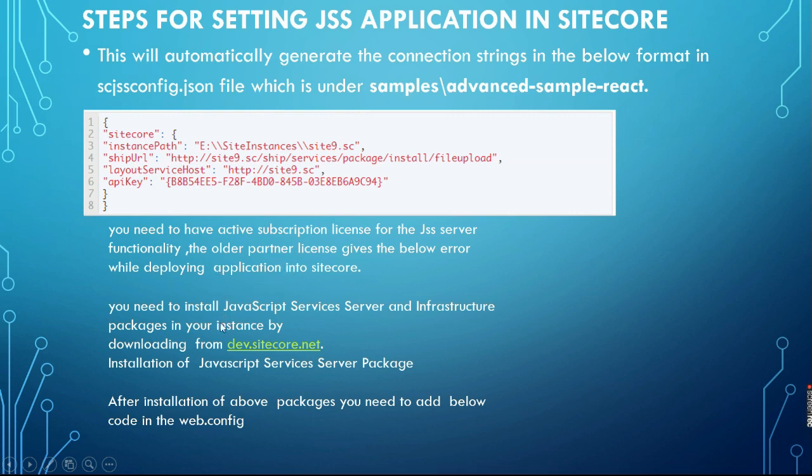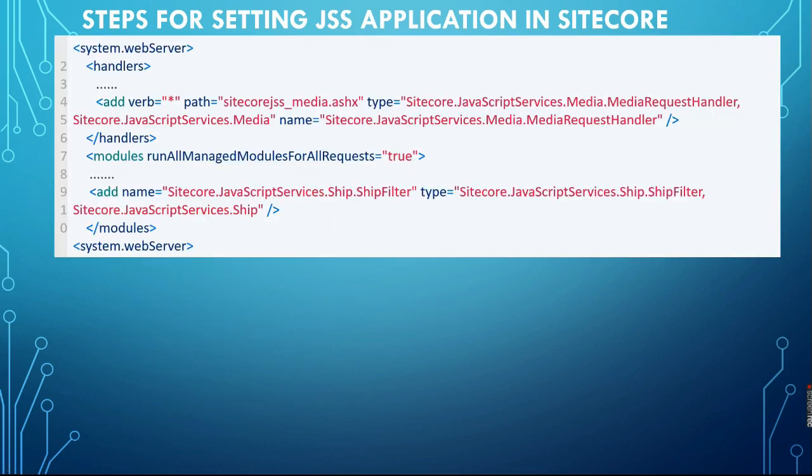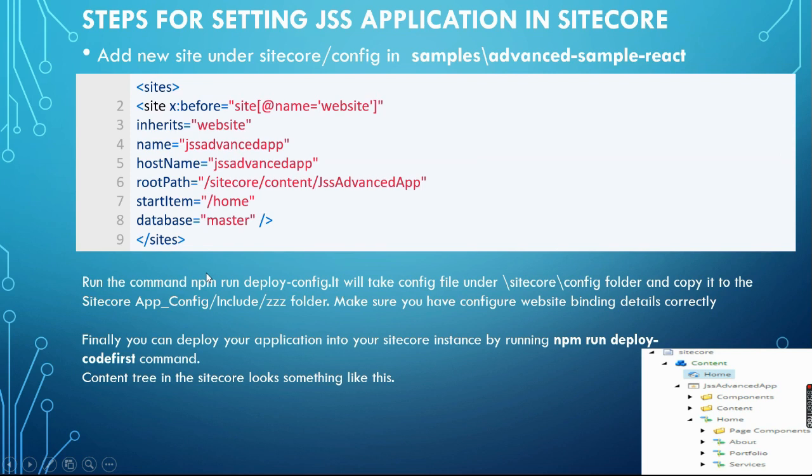After that, you need to include the below settings in your Sitecore web.config file. These set the handlers for Sitecore JavaScript Services. I am adding a site definition in the Sitecore config, and then I am running the command npm run deploy config.